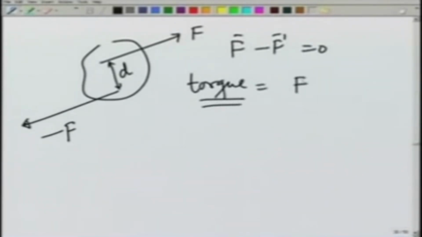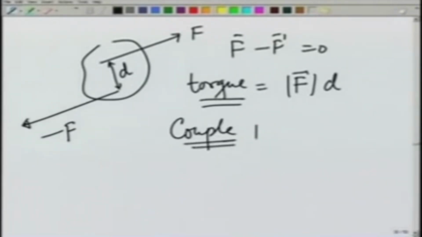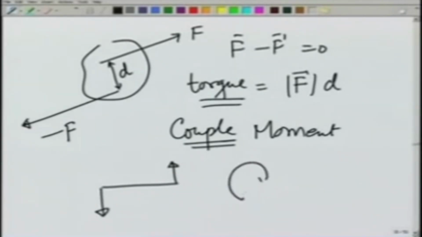It is going to be magnitude of F times d, where d is the perpendicular distance between the two, and this is known as a couple or couple moment. It is indicated either by this symbol, where these two arrows show the forces applied, or a symbol like this. So, it is a pure moment without any force.